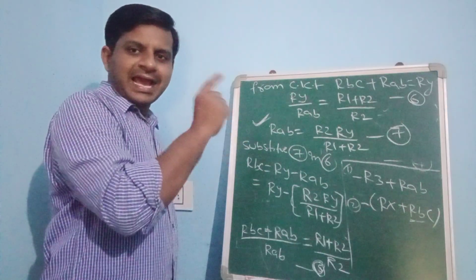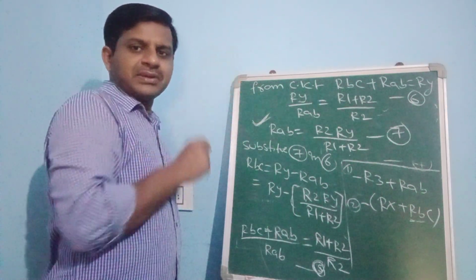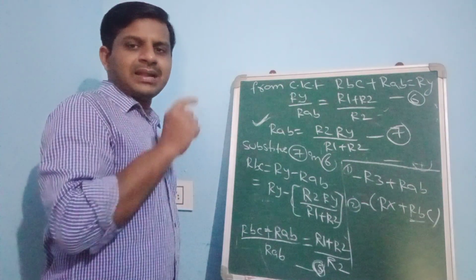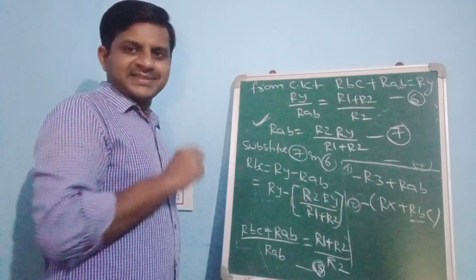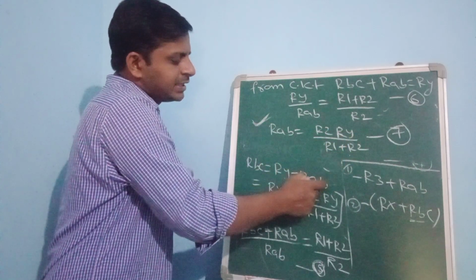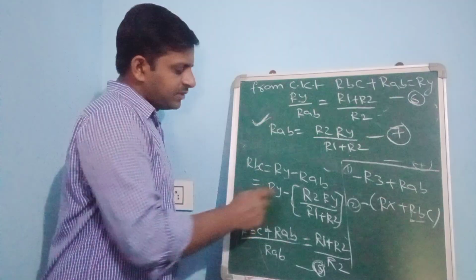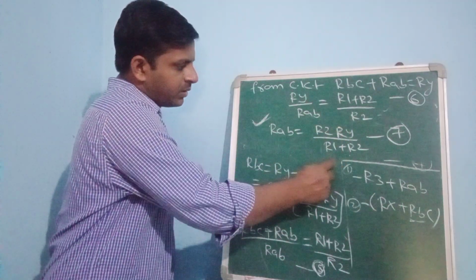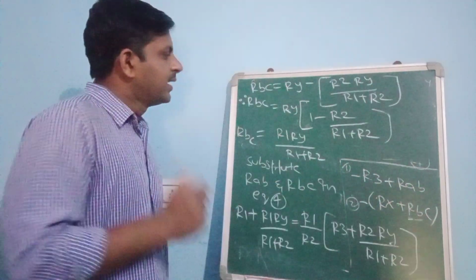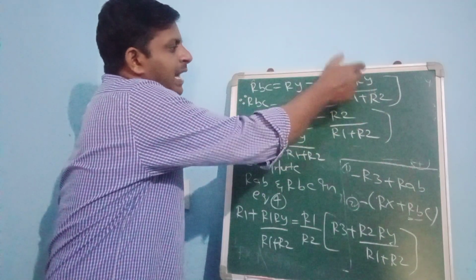Next we have to find RBC. Substituting both the RAB and RBC values in the fourth equation gives the unknown resistance value Rx. RBC equals Ry minus RAB, so we place the RAB value here.